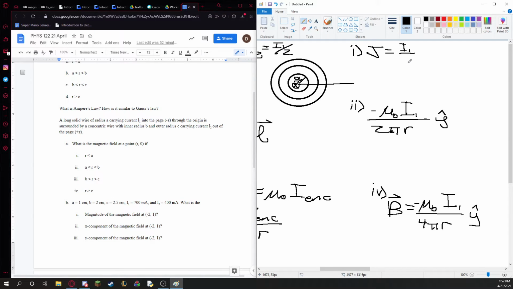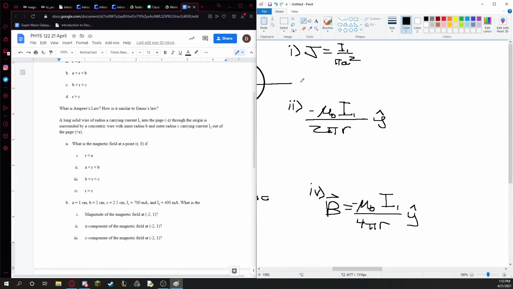what's the cross section of a circle here? What's the cross section of our cylindrical wire? Yep, pi r squared. And in this case, our radius is a. Pi a squared.